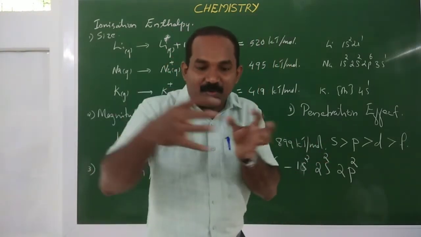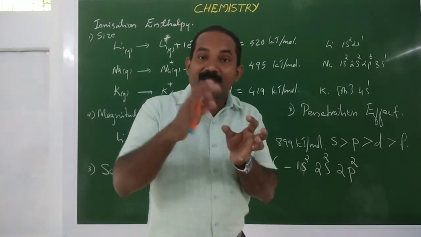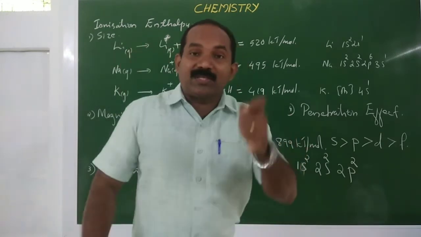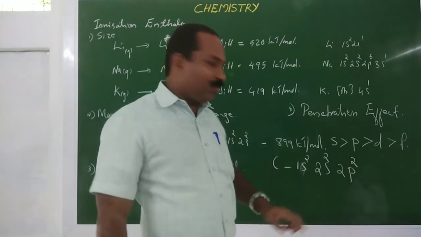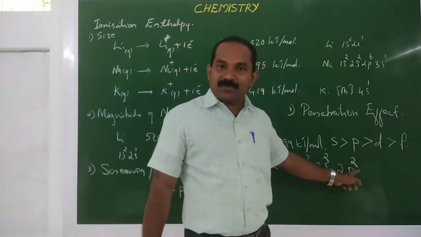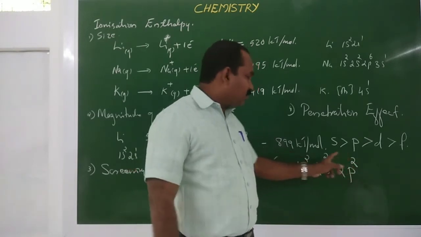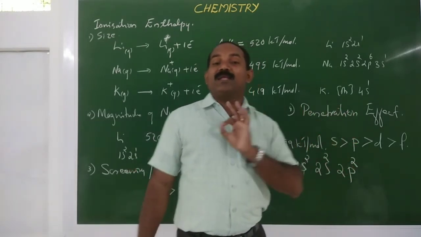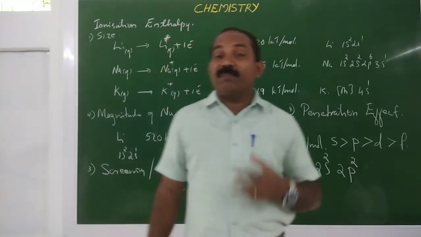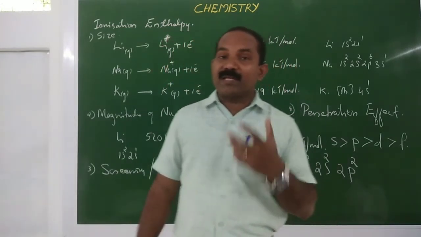That means S is more close to the nucleus than the P orbital. So which electron can we easily remove? P electrons. More energy is required to remove the S electron. So that's about the penetration effect.